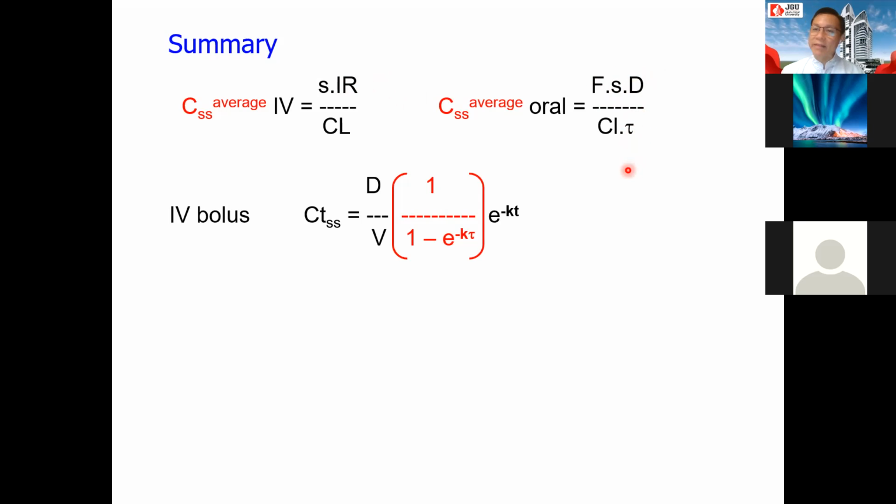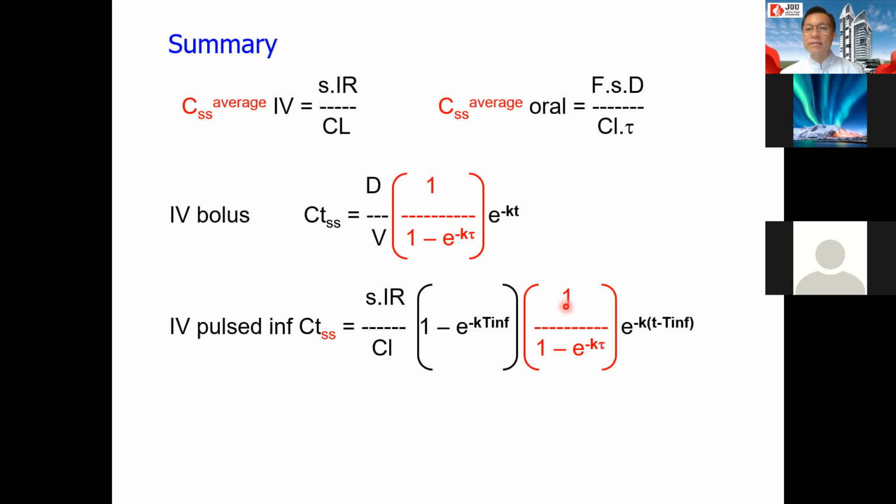What is dose divided by tau? It's the dosing rate. For example, the dose is 300 divided by tau of 8 hours. So 300 divided by 8 hours is the same as the infusion rate actually. And then the IV bolus is this one.